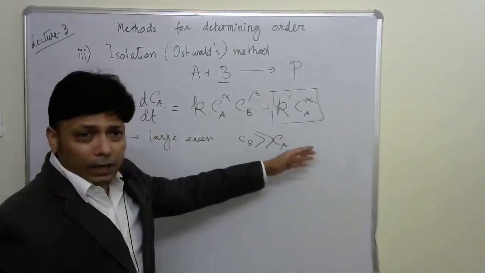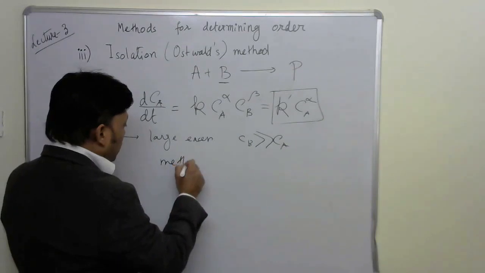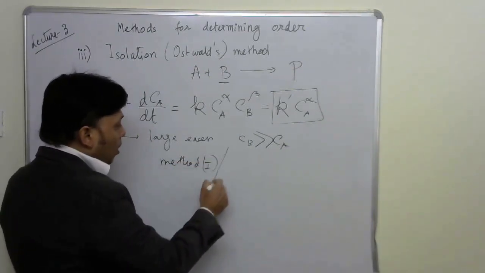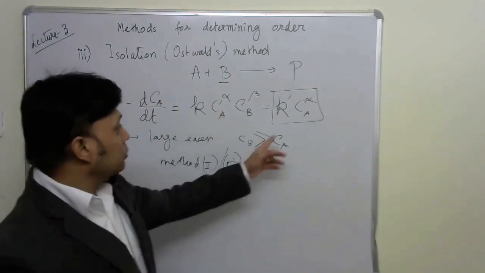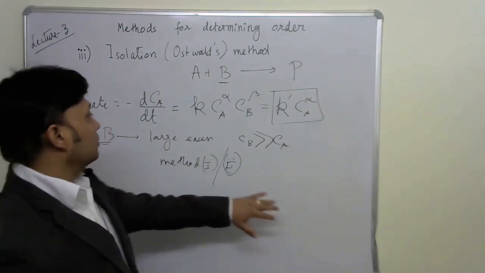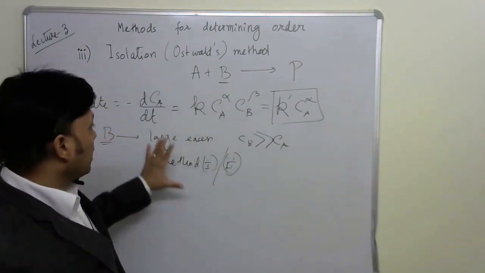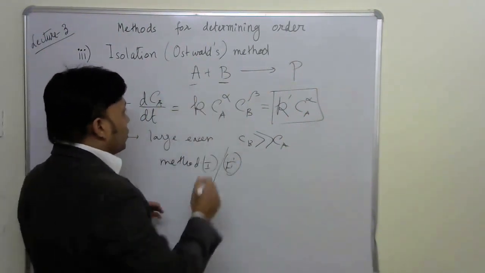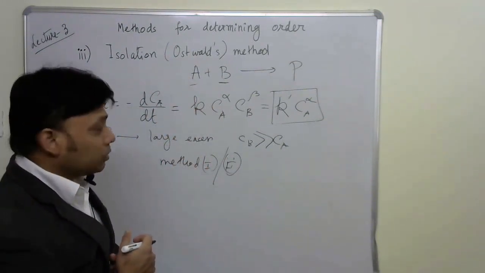So now we have this rate equation, and we can easily apply either method 1, the integration method, or method 2, the differential method, to figure out alpha. Likewise we can do just the reverse process to figure out beta by taking a large initial concentration of A, so that the concentration of A almost remains constant throughout the reaction.